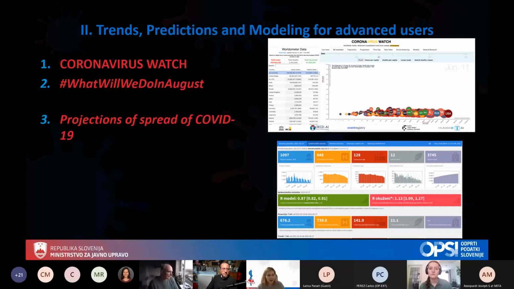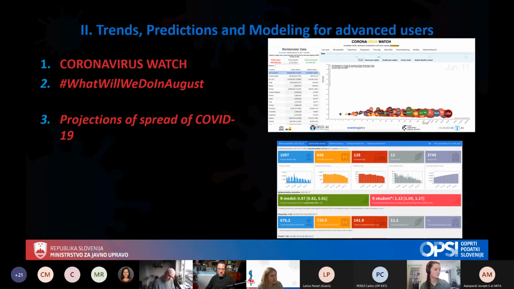One of the interesting features, in my opinion, is a 5-dimensional visualization of the epidemic's development around the world, which is this one. And the second one is what we will do in August. It was developed by a team of mathematicians and data analysts, and it's based on the bootstrap method to analyze predictions and scenarios of the development of the pandemic.